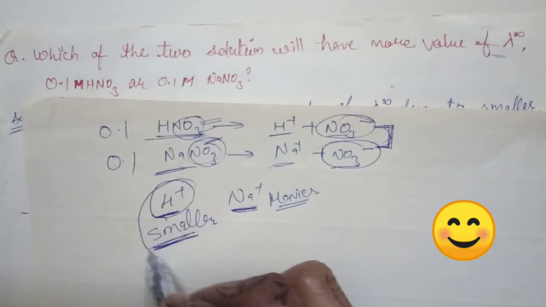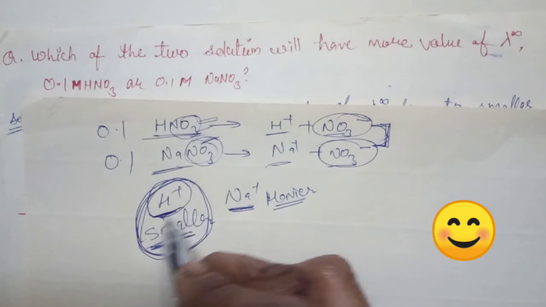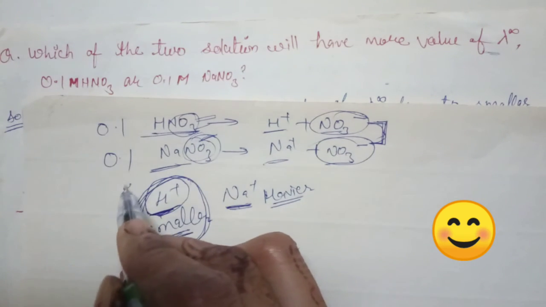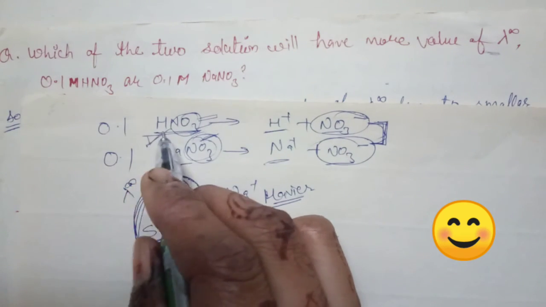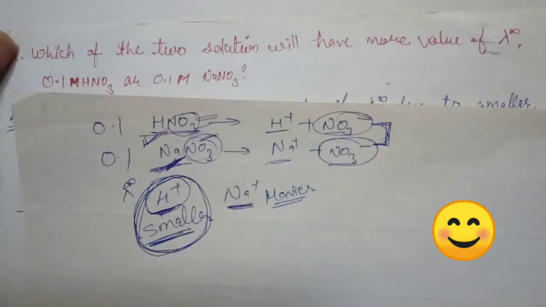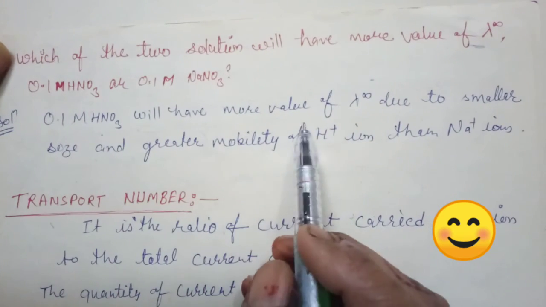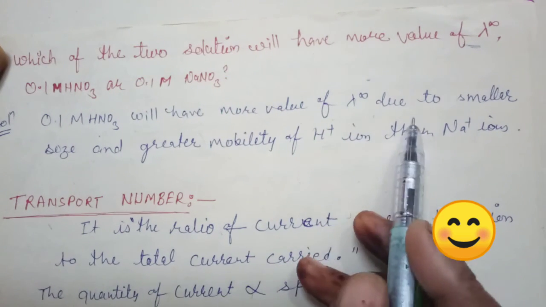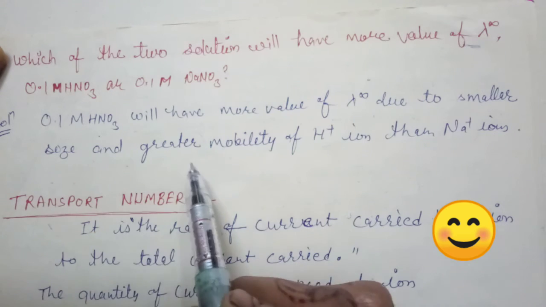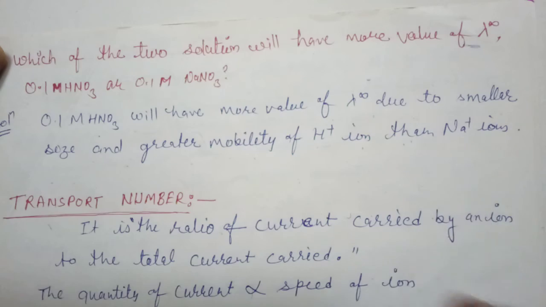Due to the greater mobility of H plus ions, the lambda infinity of HNO3 will be more than NaNO3. Clear? So see, 0.1 M HNO3 will have more value of lambda infinity due to the smaller size and greater mobility of H plus ions than Na plus ions.